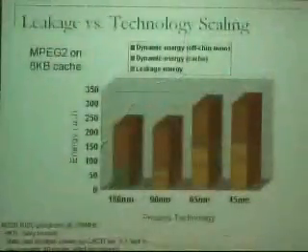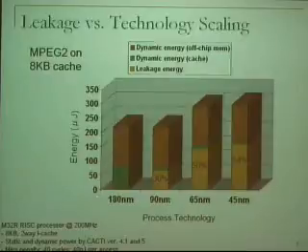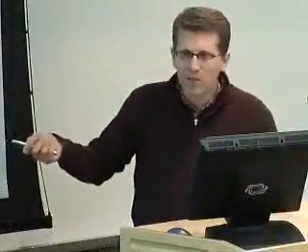As you see here in 180, there is almost no leakage. In 90 nanometer, it would be something like this, 30% or something, and it would quickly go to 50% and higher. Actually, this is pessimistic in terms of off-chip memory. The bar here you see here is off-chip memory power consumption.